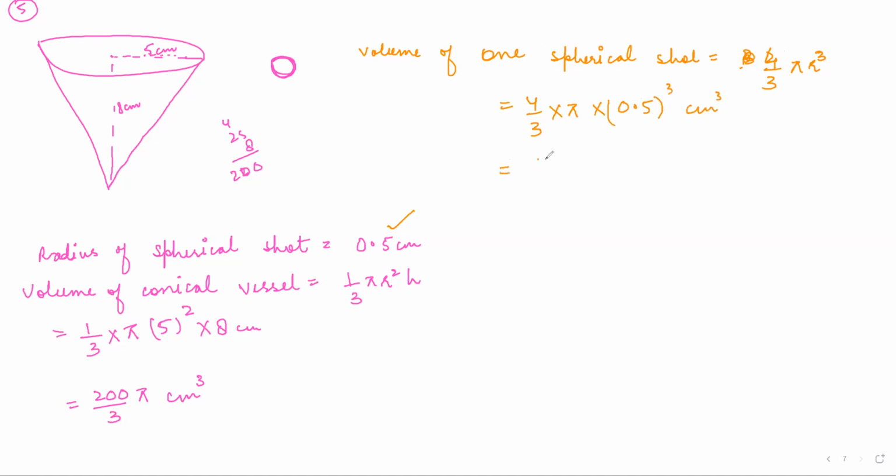So if you wish, you can solve it. 4/3 into pi into 5 by 10 whole cube, isn't it? So 5 into 5 into 5 is 125, and then divided by obviously 1000. So better not disturb this 1000 here. Multiply this 125 into 4.